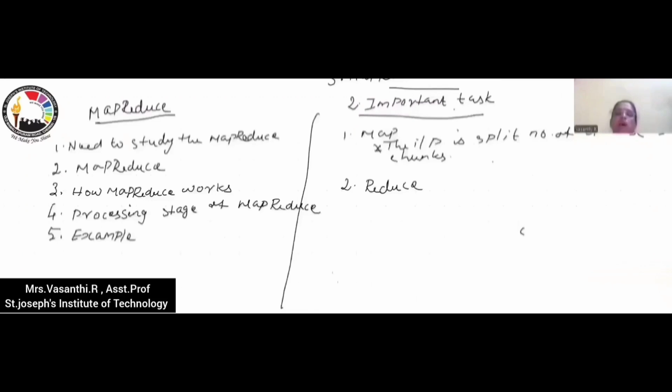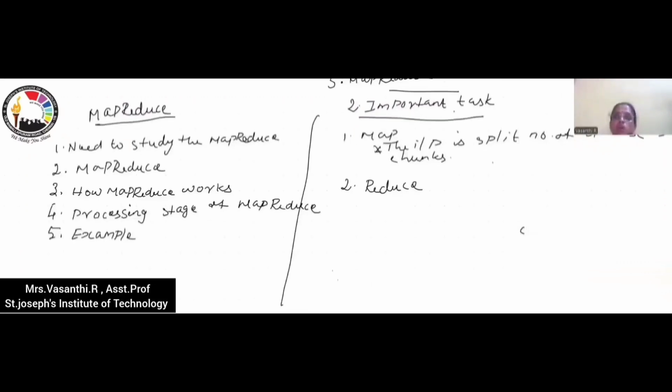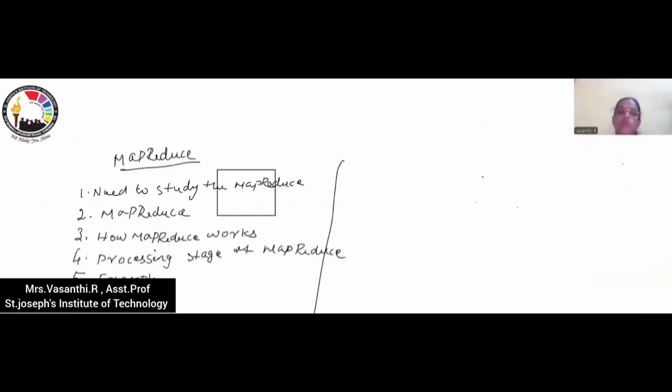The reduce system groups all intermediate values by the name of keys. The reducer processes each group and produces the final output. The reducer function is always performed after completing the map function. So these are the MapReduce tasks.